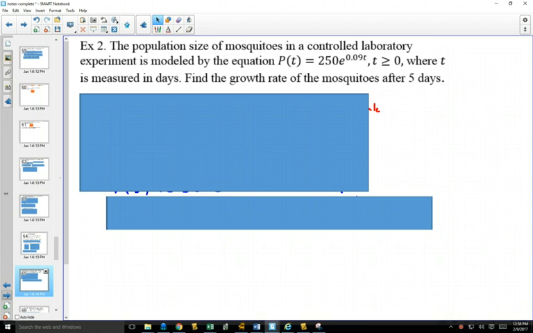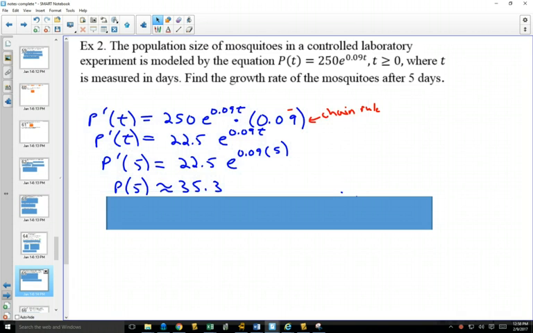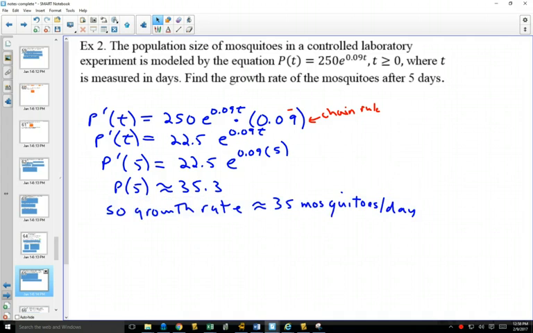So anytime you're looking for that growth rate, it's going to be a derivative. We have a chain rule here when we take the derivative, because you've got a function inside of e. So the derivative of e stays the same, but then you multiply by 0.09 because of the chain rule. If you plug in 5, you get roughly 35.3.